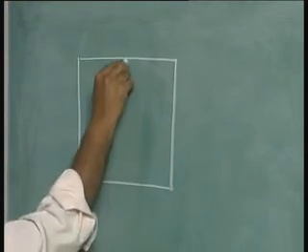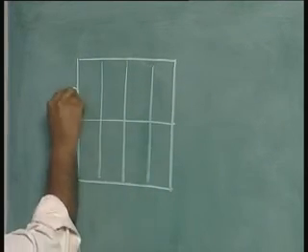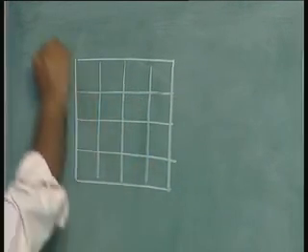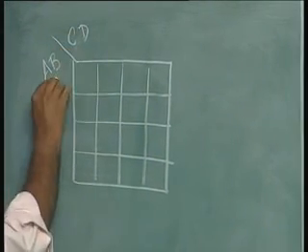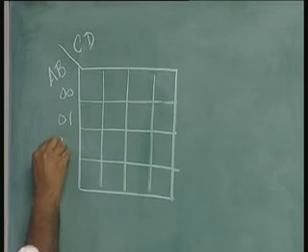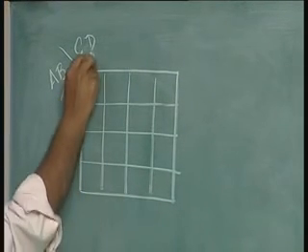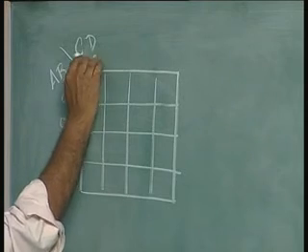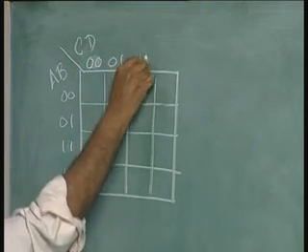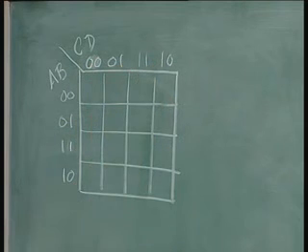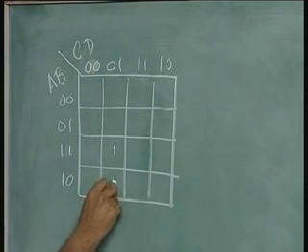Four variables. We will call these variables A, B, C, D. Let us say this map has ones in the following cells.